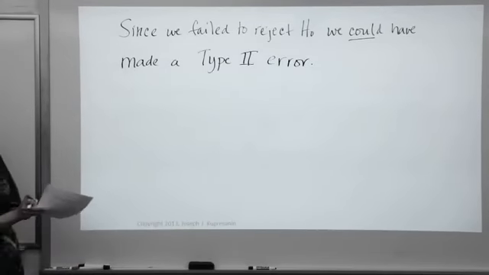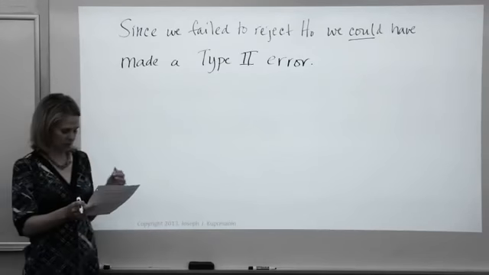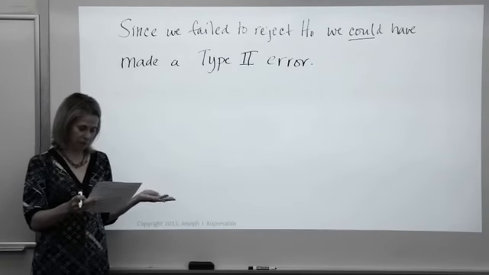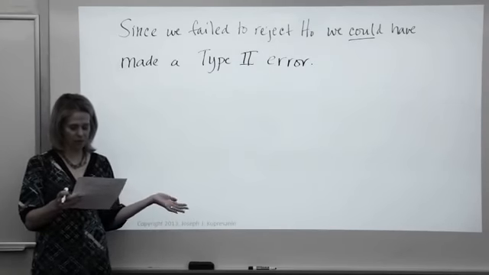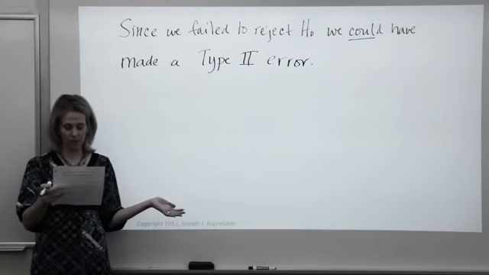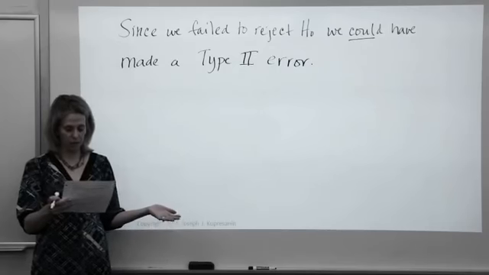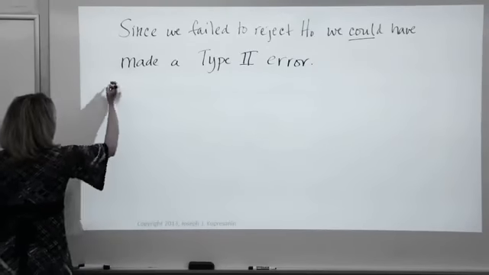Okay, so what does that mean? A type 2 error means that, let's see, we failed to reject the null hypothesis. We said we didn't really find any evidence for a decline in perfect attendance, when in reality, perfect attendance had declined.